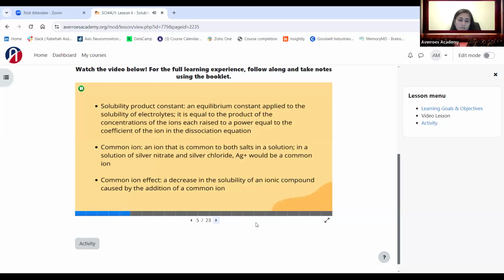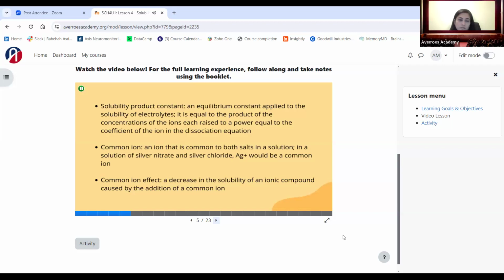So for any solute that forms ions in solution, the solubility equilibrium constant is the product of the concentrations of the ions in the solution raised to the power equal to the coefficients of each in that balanced equation, just like what we did in the last lesson.